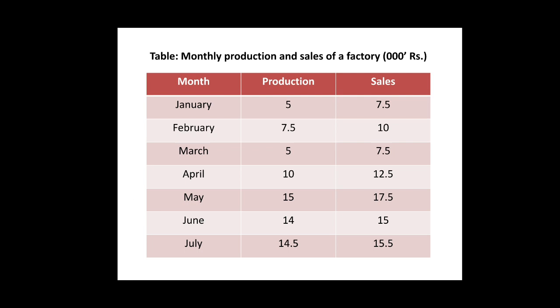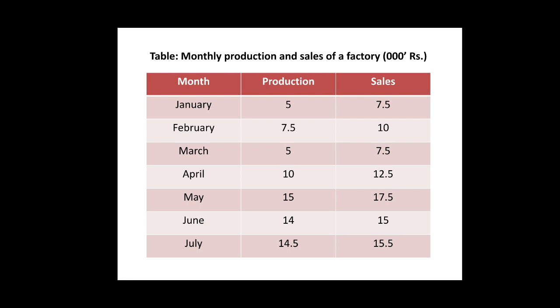So here we have the values of two variables, rather two dependent variables. One is production of a factory and second one is the sales of a factory.